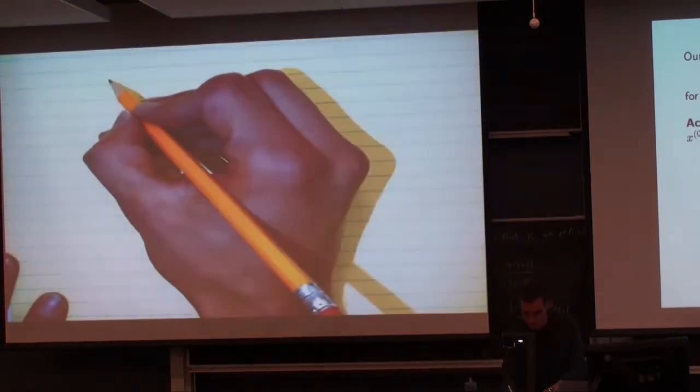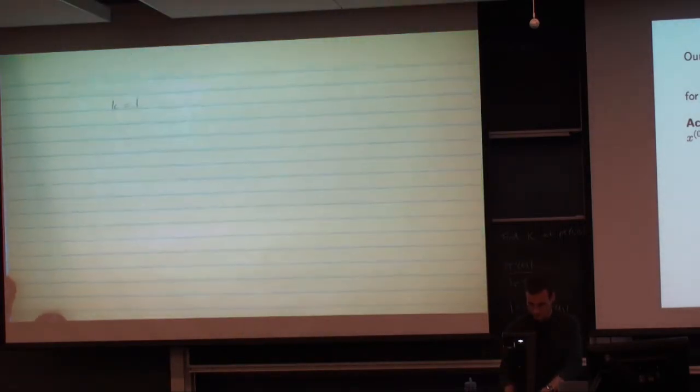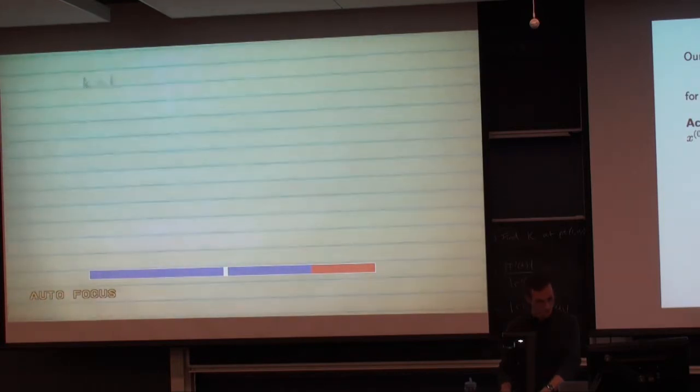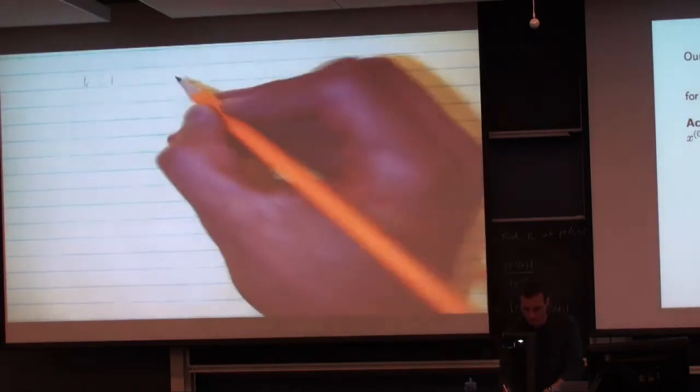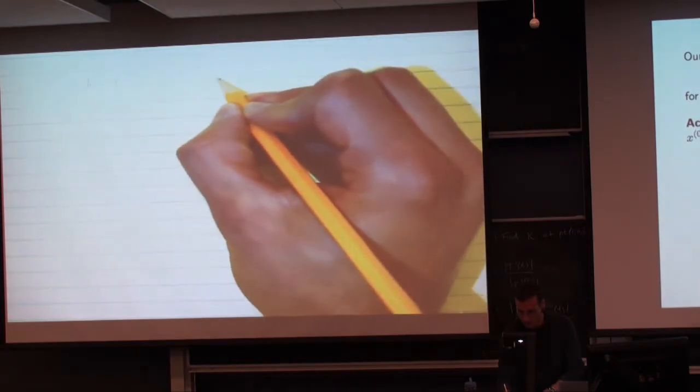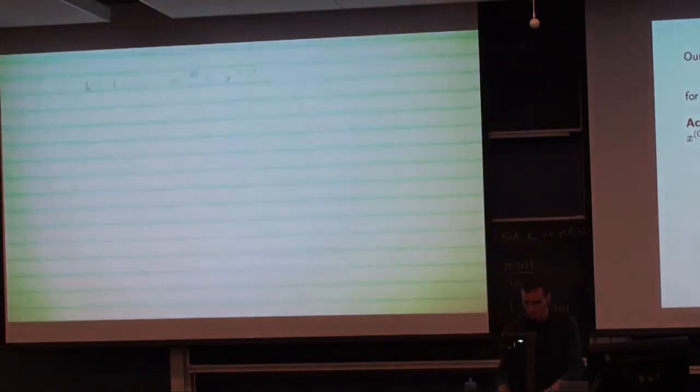So here's a little overview of what happens at k equals 1. If I'm at the first iteration, then remember I've chosen x0 and x minus 1 to be equal.